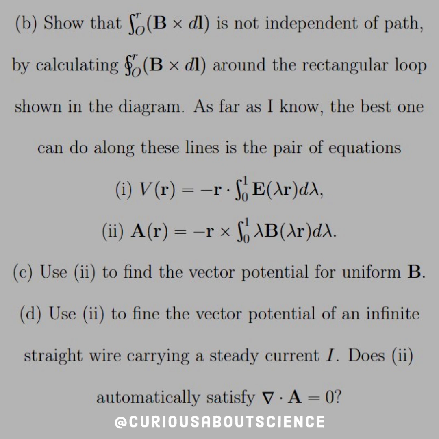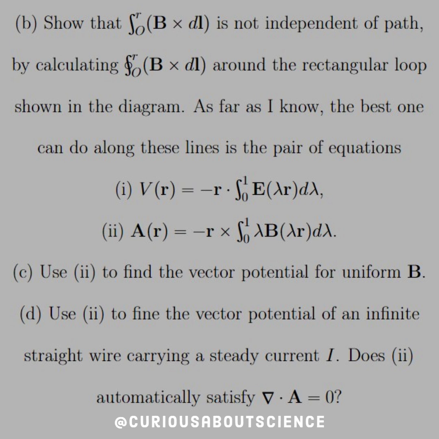Alright, part 2. For B, we need to show that this integral of B cross dl is not independent of path, by calculating the closed integral around the rectangular loop shown in the diagram. And as far as I know, the best that one can do along these lines is the pair of equations V of R is equal to negative R dotted with the integral of E as a function of lambda R d lambda, and similarly A but with lambda B of lambda R d lambda.